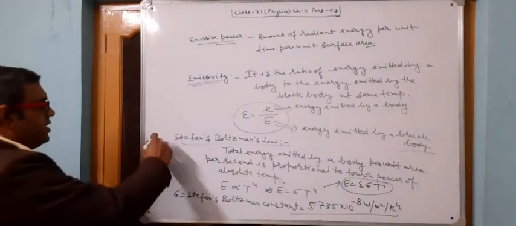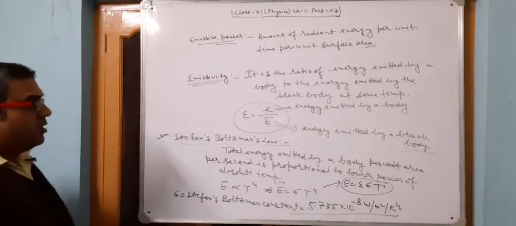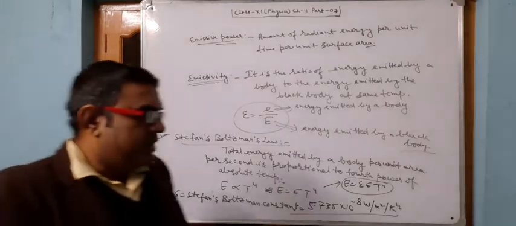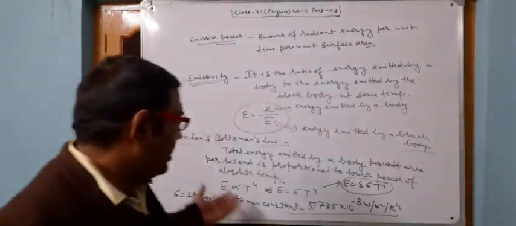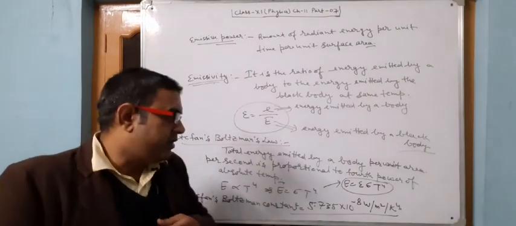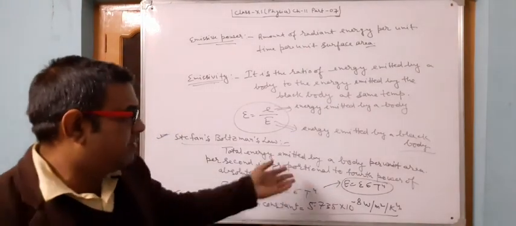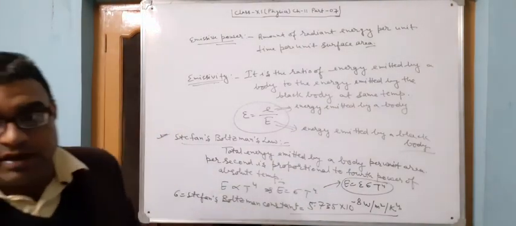So this is the Stefan-Boltzmann law for total energy emitted, and it says that the total energy emitted is directly proportional to the fourth power of absolute temperature, and its value is given like that.